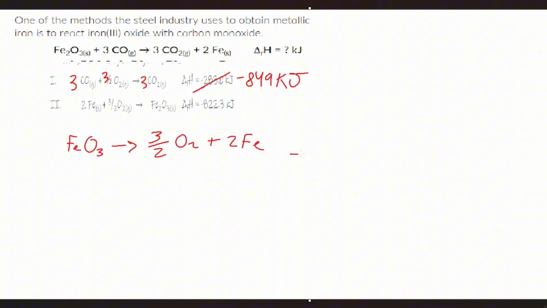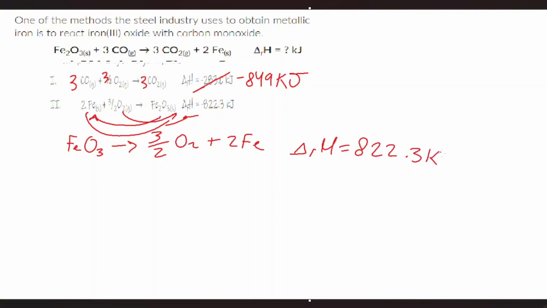And then with the enthalpy, we're going to multiply it by -1 because we flipped this entire equation. We had this become a reactant and these become products. So now we're going to flip that, giving us positive 822.3 kilojoules.